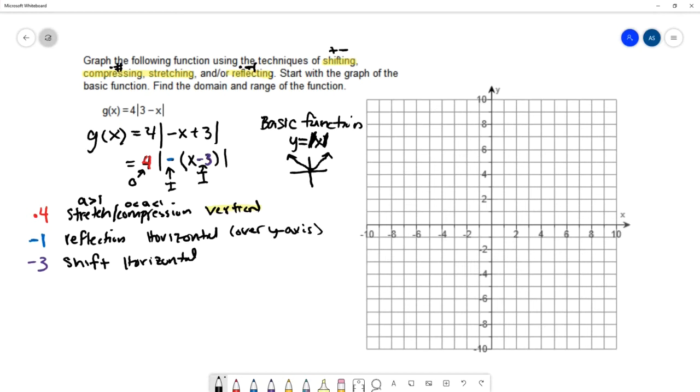So we now know that we have a vertical stretch by a multiple of 4. And then with our shift, we have a horizontal shift that's either left or right. Moving to the left would be a plus, and moving to the right would be a minus. So because we have a minus, we know that our shift is going to be to the right 3.